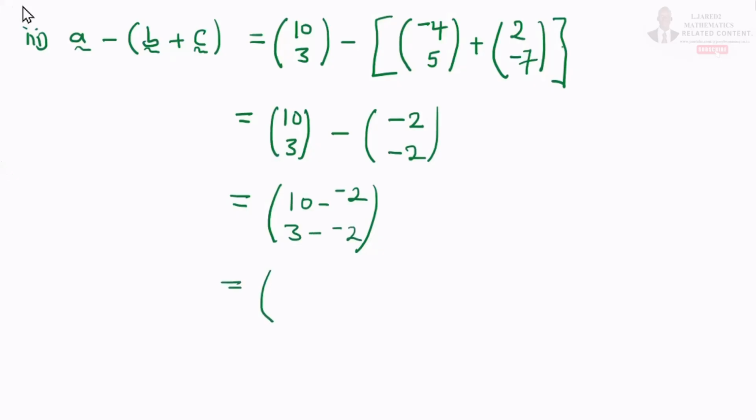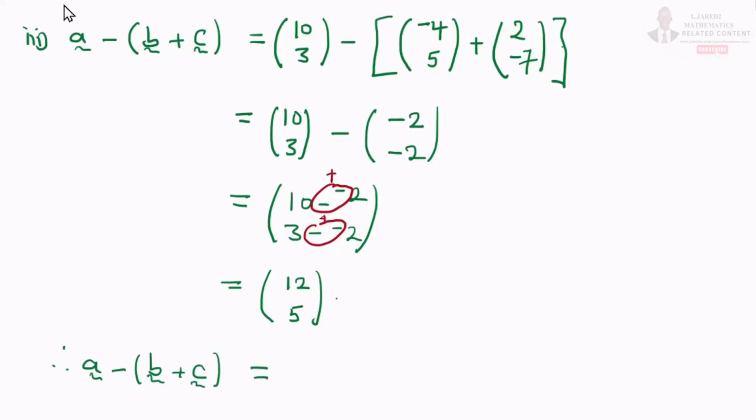As we simplify, we can see that this becomes a plus, and as well this becomes a plus, implying that we are going to have 10 plus 2, giving us 12, then 3 plus 2, giving us 5. Let's now conclude. Therefore, vector A minus, in brackets, vector B plus vector C, close the brackets, equals 12, 5. So this is our right answer to Roman number 3.